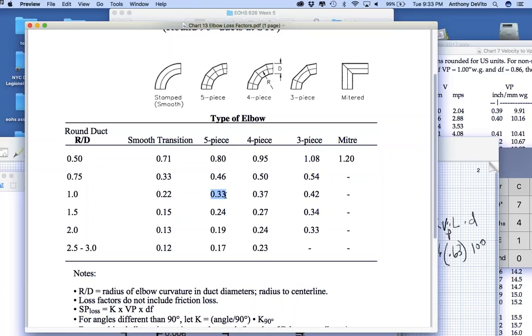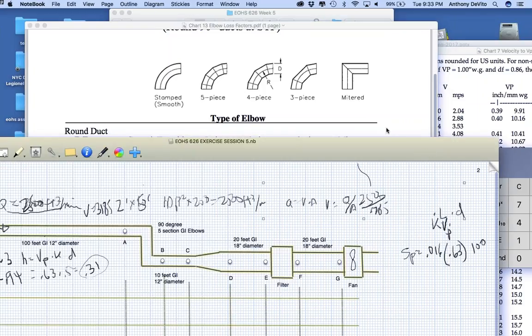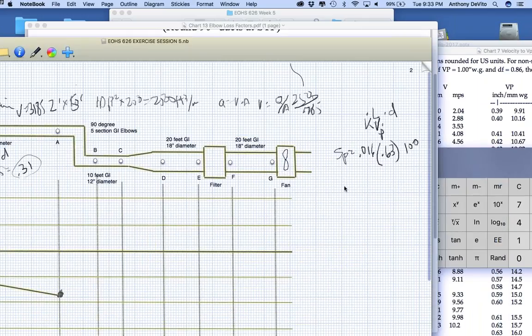My loss for each one of those elbows is going to be equal to my velocity pressure.